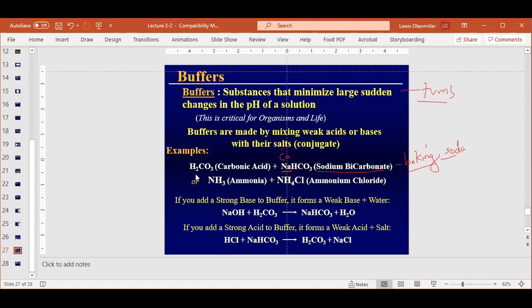Anyway, if you have a strong acid, like the acid in your stomach, that's a very strong acid. Remember, we said the pH of that is about 2. And we add a buffer like this sodium bicarbonate or calcium carbonate, then it makes a weak acid. This is carbonic acid. Its pH is around 4. So it's a small change because it's only 2, but how many is it really?